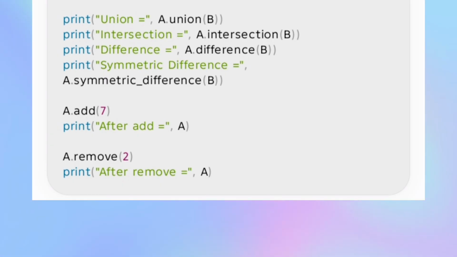After adding, just print the A set. A dot remove 2. Print A after removing: the value 2 is removed from the set.